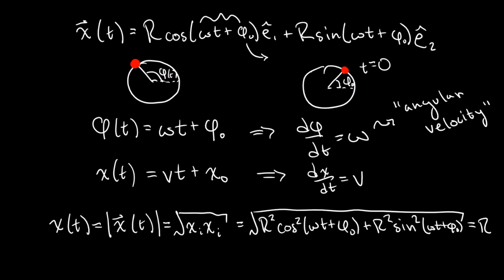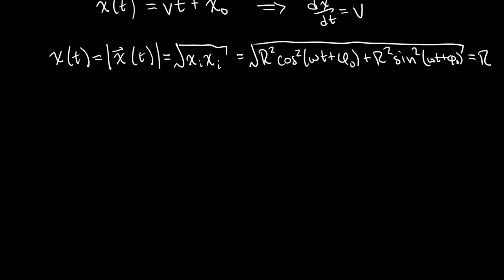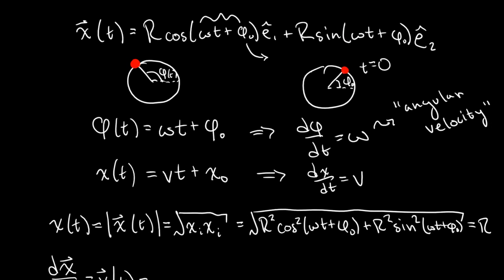Okay, so we want to find a force, which means we're going to want an acceleration, so we have to start taking derivatives. We'll take a first derivative with respect to time, dx dt, to get the velocity. And just looking up here, we can see that it's pretty straightforward. Actually, just for simplicity, I'm going to set phi 0 equal to 0. It doesn't really change a whole lot.